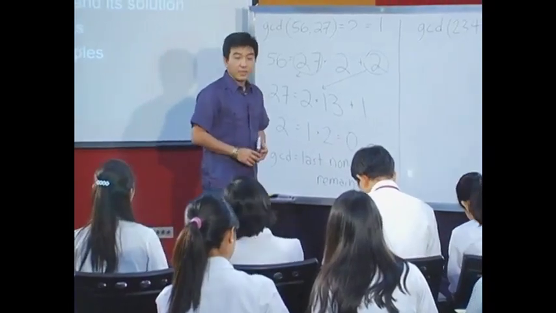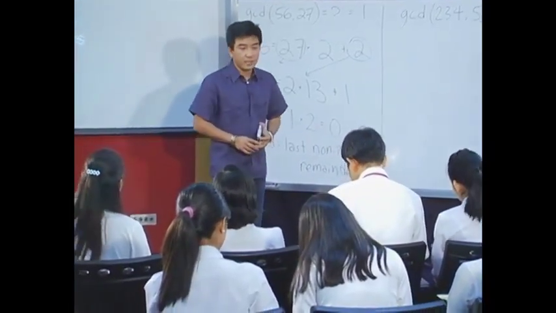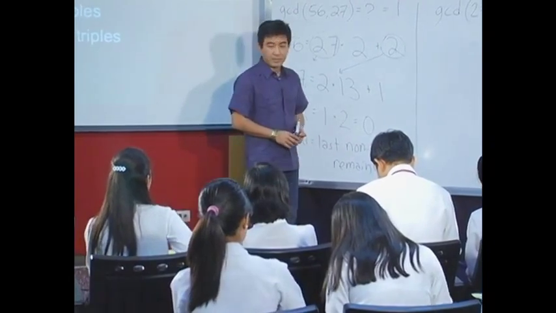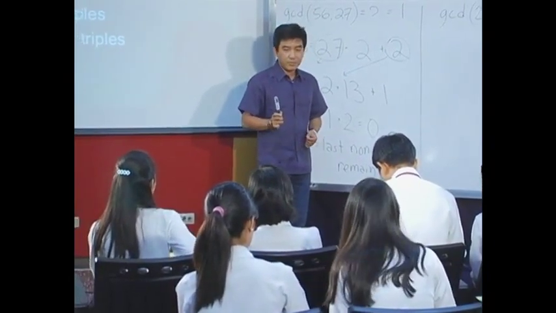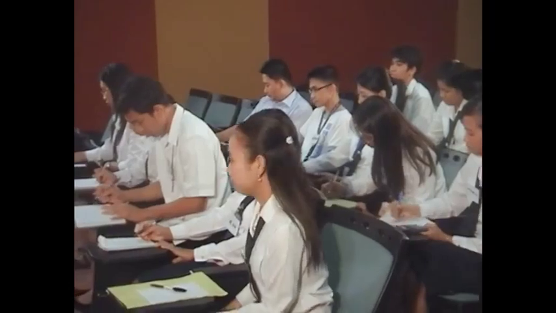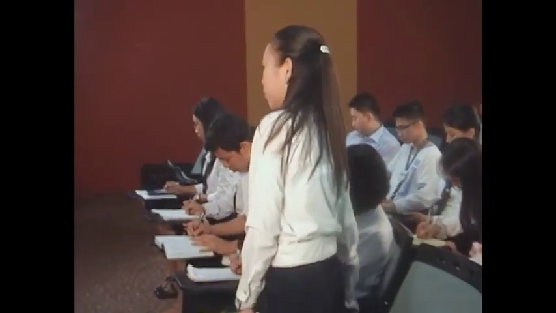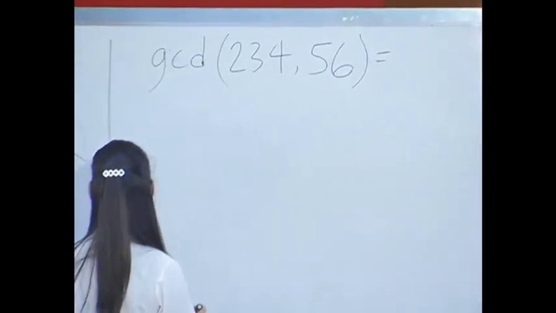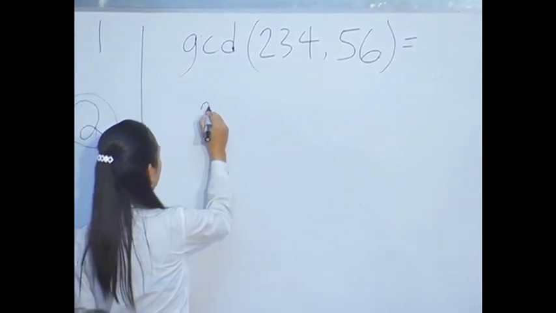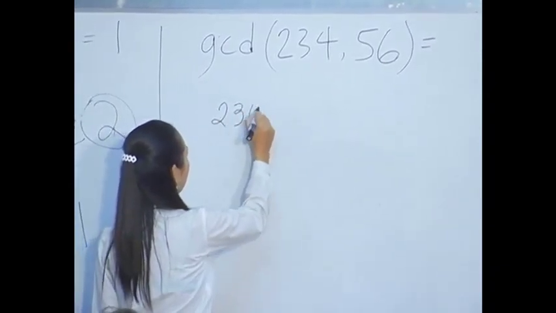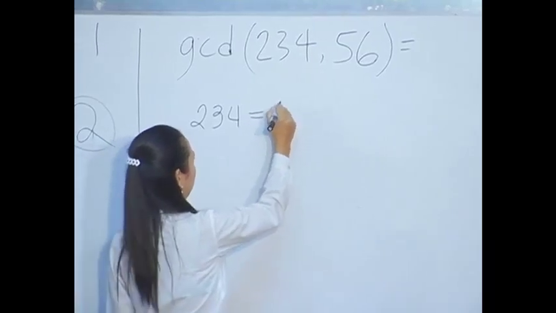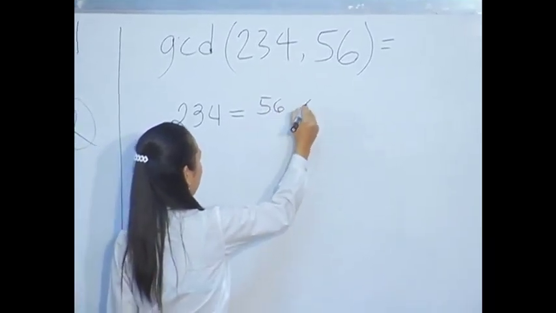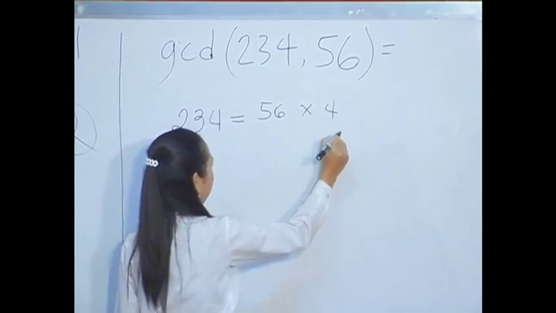Now let us use the Euclidean algorithm to get the GCD of 234 and 56. Can I call on one of you? Jennifer, you'd like to try? So first step, we divide the bigger number by the smaller number. 234 is equal to 56 times a quotient.